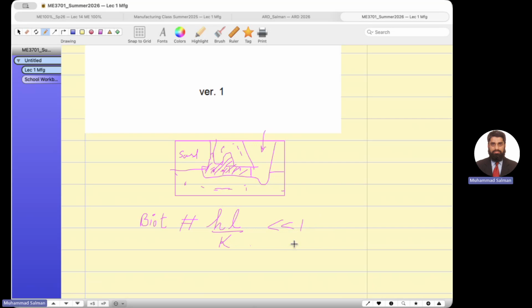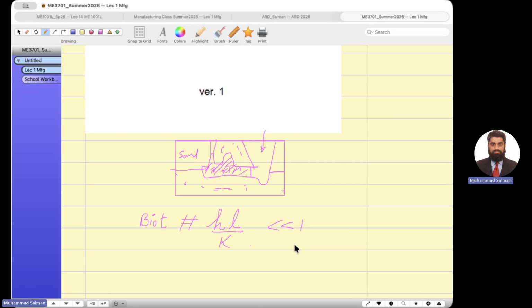It means that internally the metal conducts very fast, so that it remains almost uniform throughout the internal structure. But externally, if this is greater than 1, then the surface temperature is a little bit higher than the internal, so we will not be dealing with those cases.